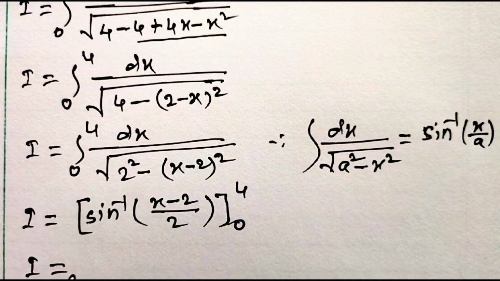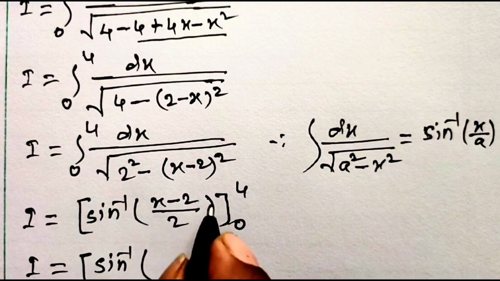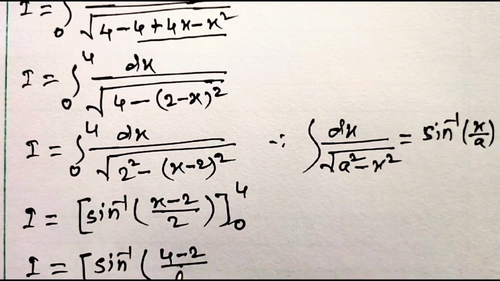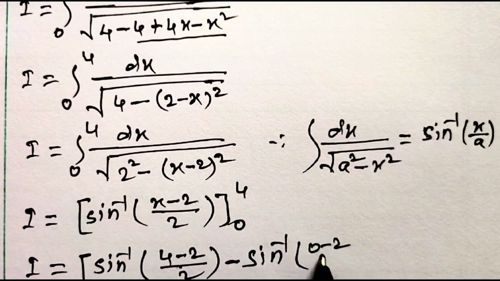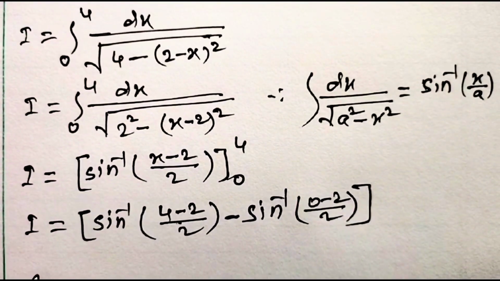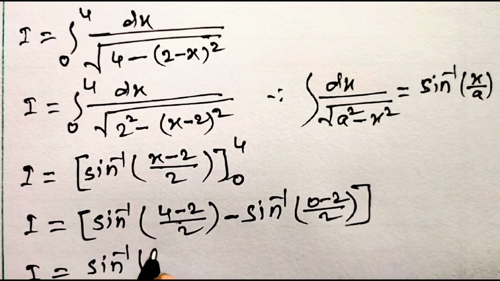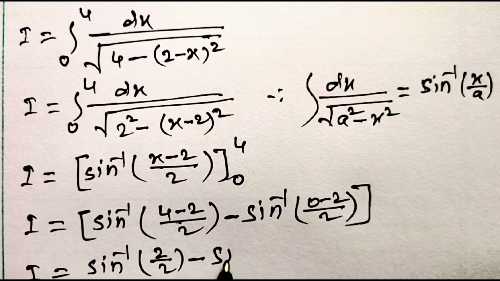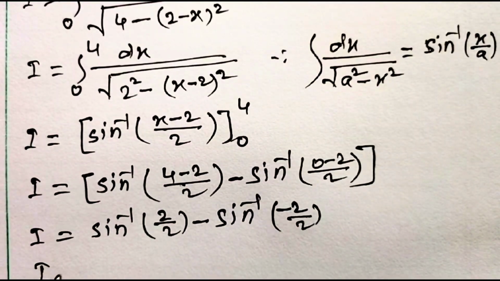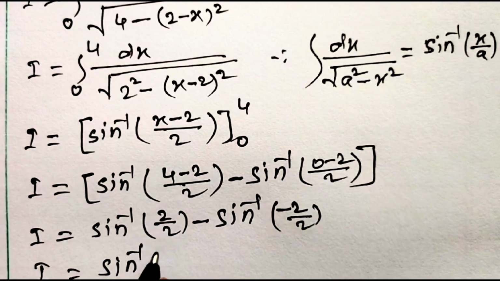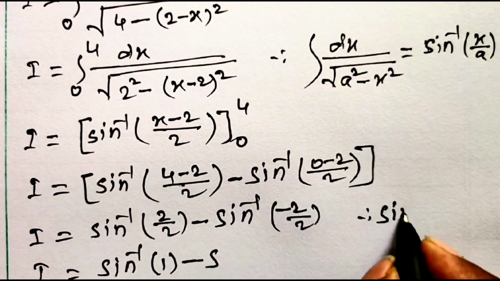Simplifying this, I is equal to, first substitute upper limit, sine inverse 4 minus 2 divided by 2 minus sine inverse 0 minus 2 divided by 2. So I is equal to sine inverse 4 minus 2 is 2, 2 upon 2 minus sine inverse minus 2 upon 2.